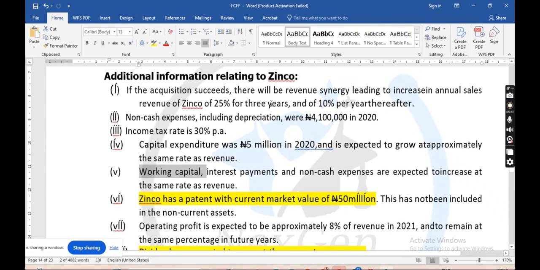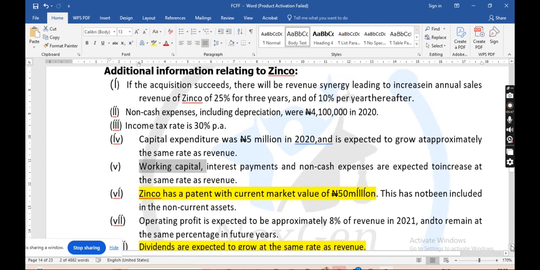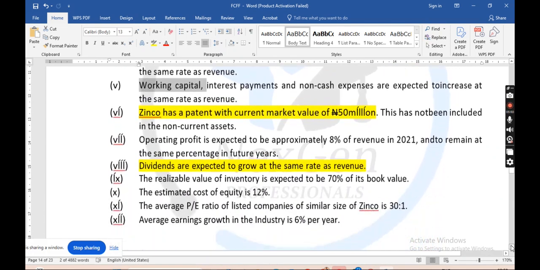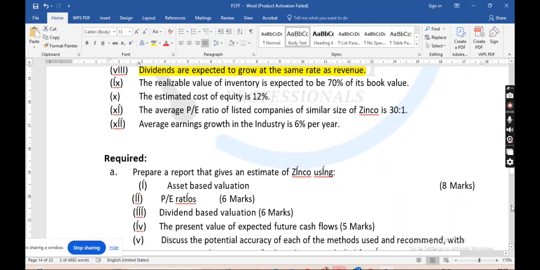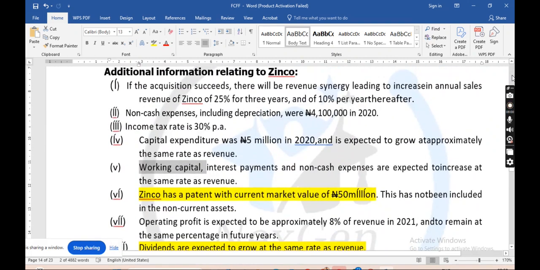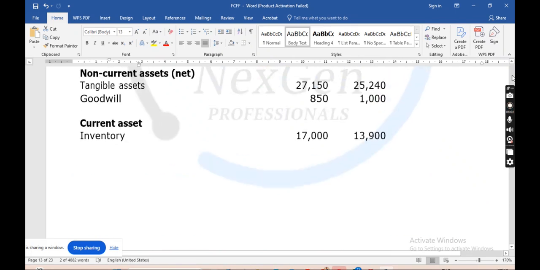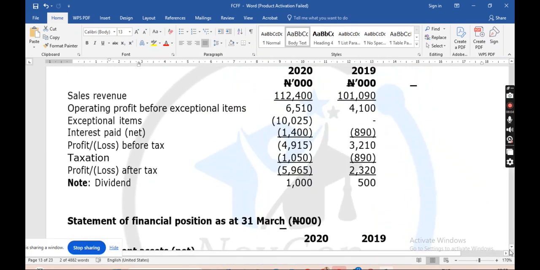Okay, let me check again. Non-cash expenses, capital expenditure, working capital, operating. Okay. So which means that we need to do the working capital, right? Class, are we still together?